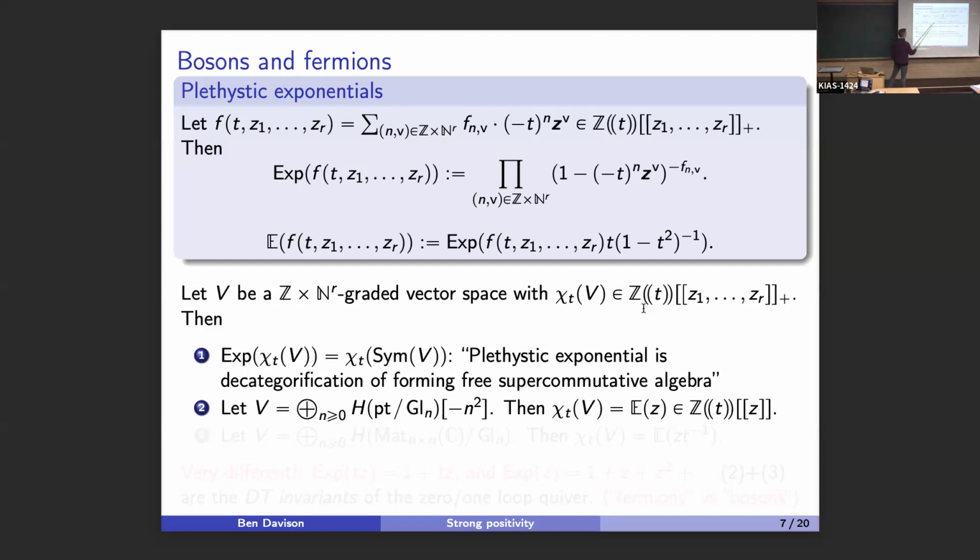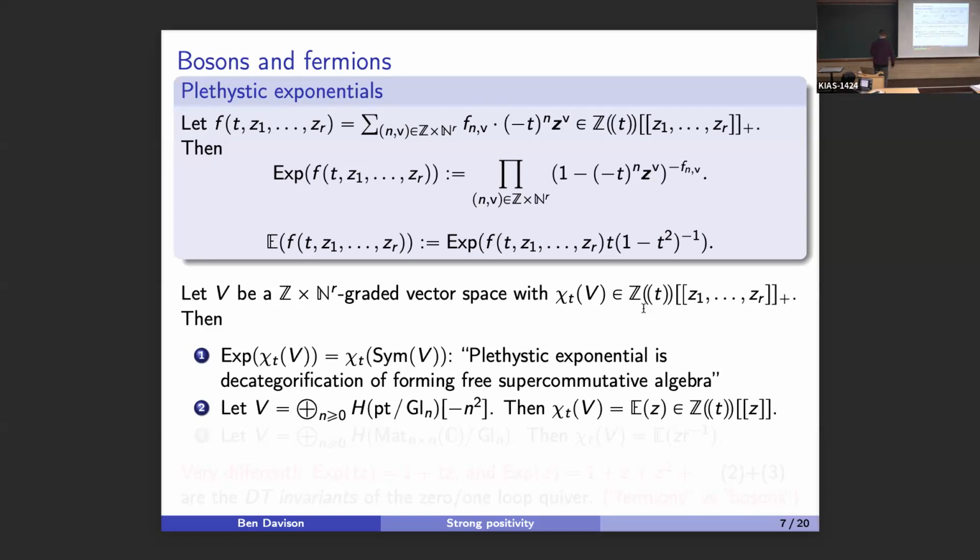Once you have these operations, you just take this formal power series, the one that's just Z. Chi t is a special element. Chi t is the characteristic function.